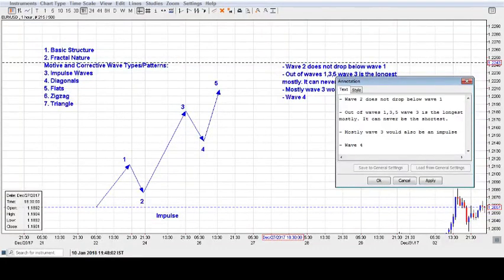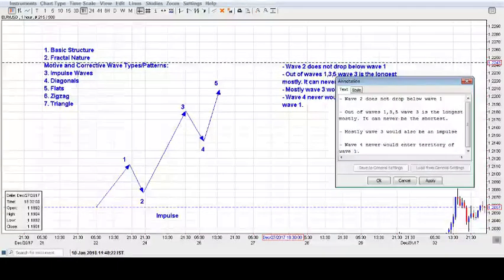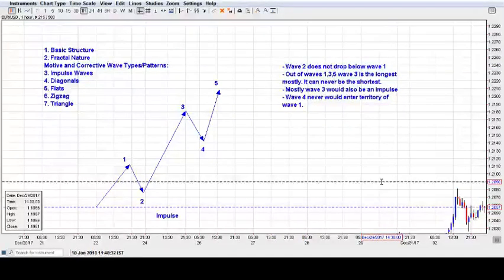Wave 4 never would enter the territory of wave 1. These are the four general rules or guidelines, whatever you call them, to understand an impulse wave.